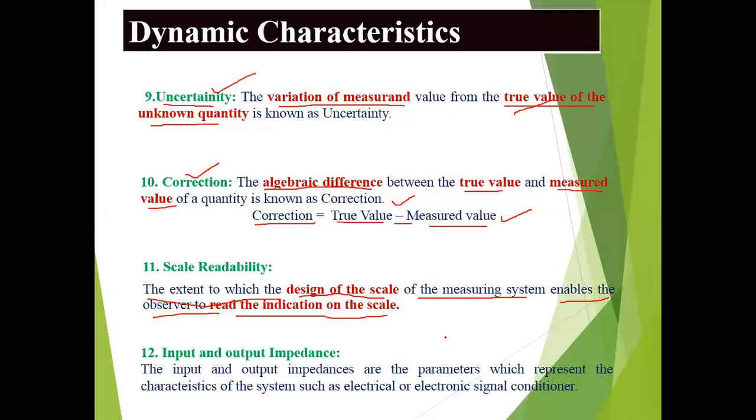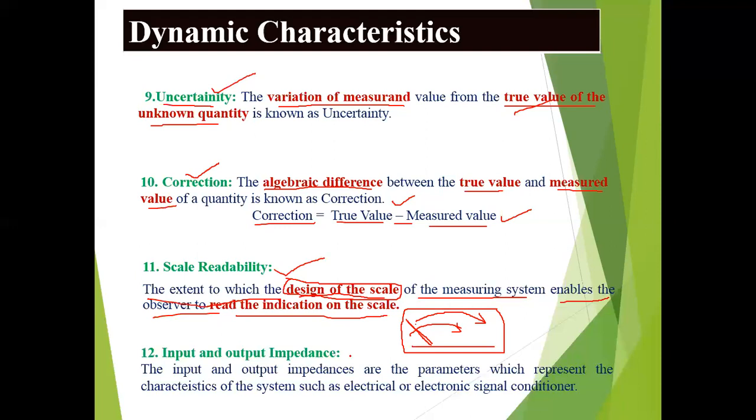For example, I have a pointer that is moving in this way, and this total system is being observed by an observer. How much extent the observer can read the pointer which is moving from left to right, that is called scale readability.